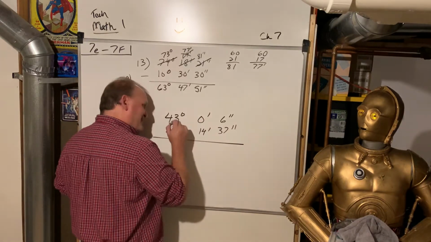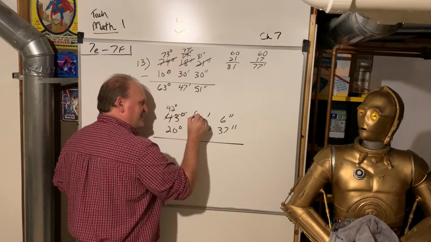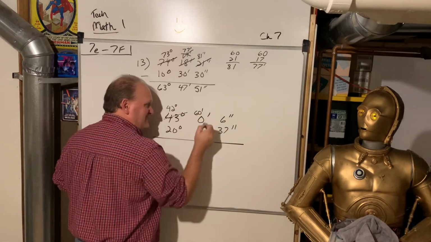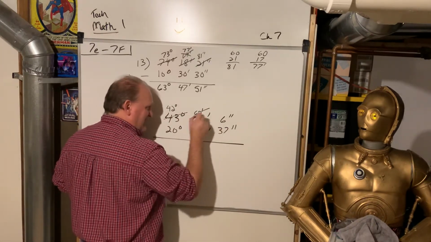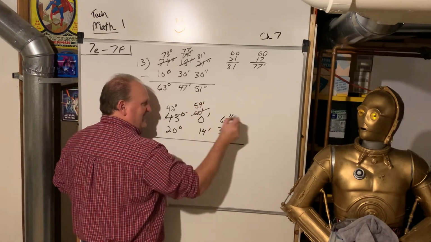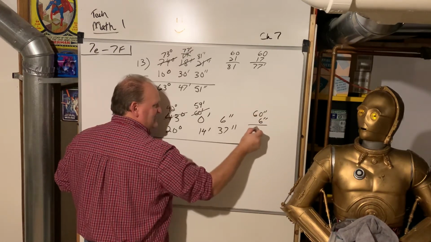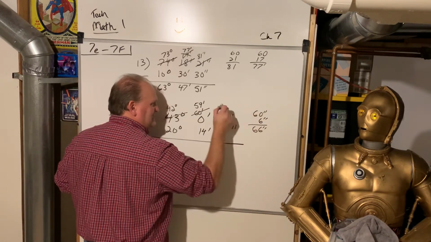So we gotta go one more down. So this becomes a 42 degrees. This becomes a 60 minutes, but not for long. I'm gonna cancel that and make it 59 minutes, and then that adds 60 seconds onto the 6 seconds, 66 seconds.